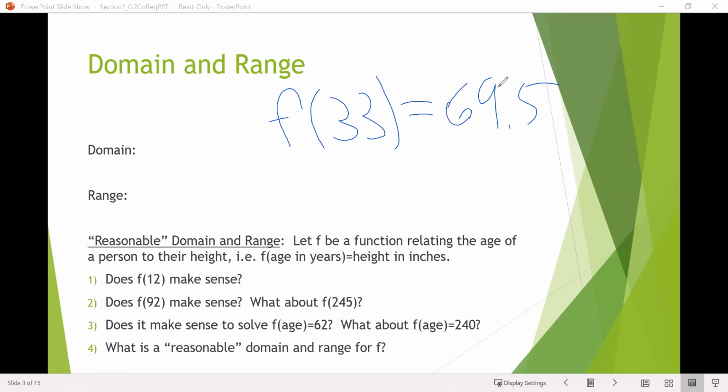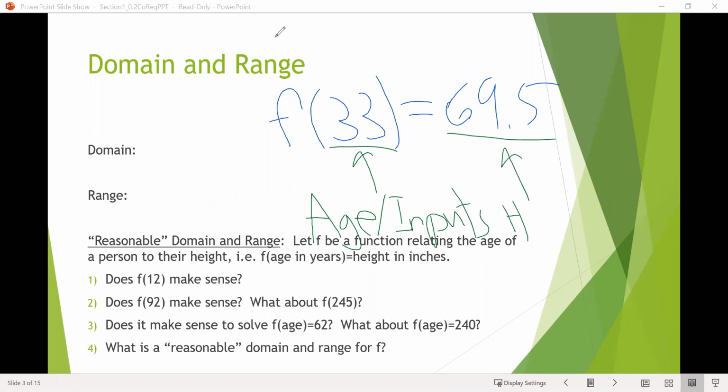So inputting the age of 33 for this particular person gave us an output of 69.5 inches. And just to reiterate what this means, that's not the height, that's the age. So this is why it's important to identify these things. That's the age, which are the inputs. Okay, and then the height here, that's the output.